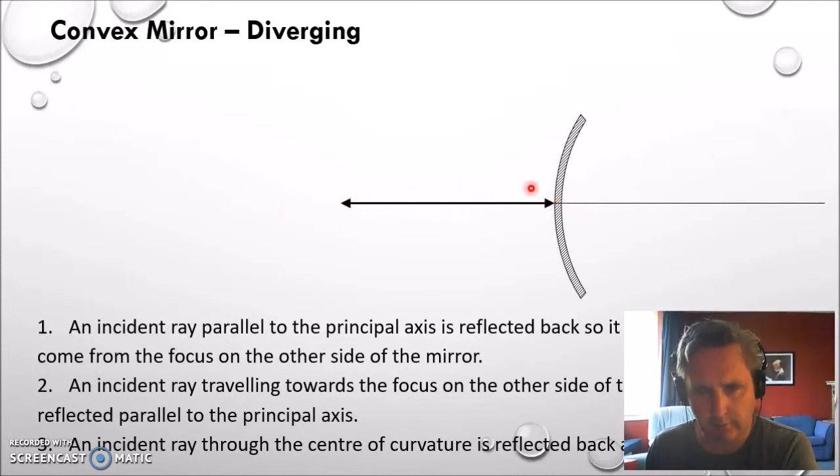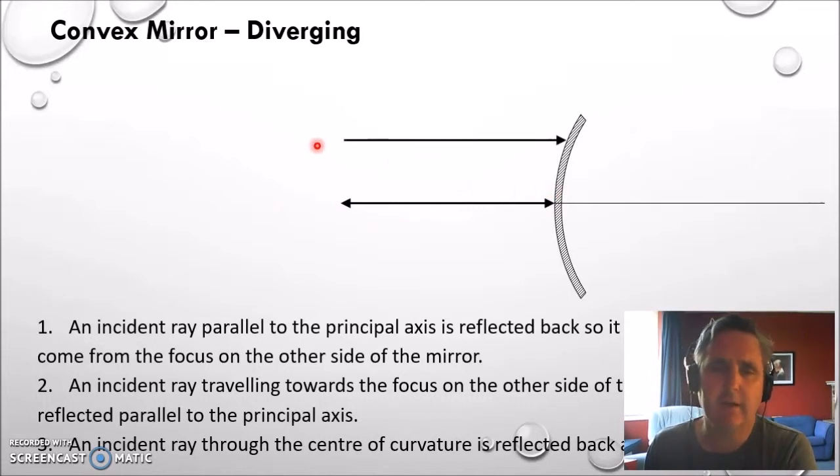The second light ray that I draw comes in parallel and it will reflect off, remember, at the same angle to the normal as the angle of incidence. So there's an angle of incidence, here's our normal, and the angle of reflection is going to be exactly the same.